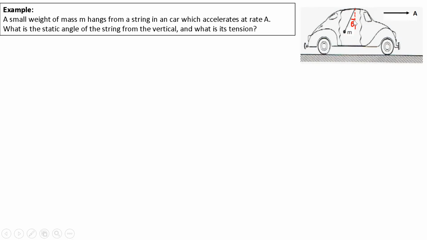Then this mass, this pendulum, will be at an angle with the vertical line. I want to find out what this angle is, and also what the tension in the string is.